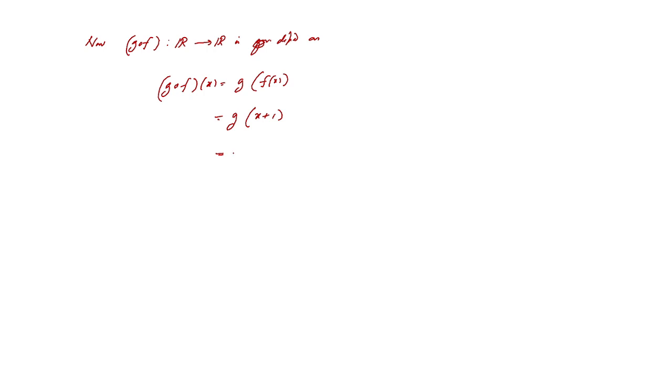So that is g of x plus 1, where g is 3x, so it will be 3(x plus 1). Therefore g composed f from R to R, (g composed f)(x), will be 3x plus 3 for all x belongs to R.